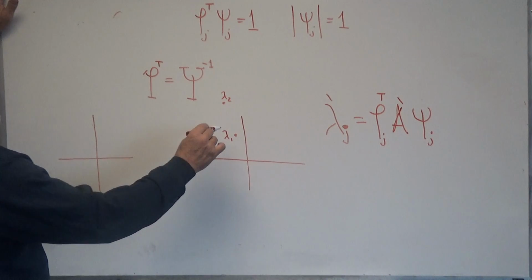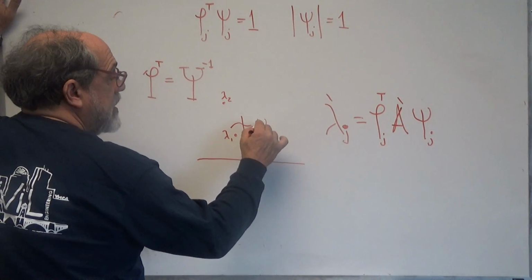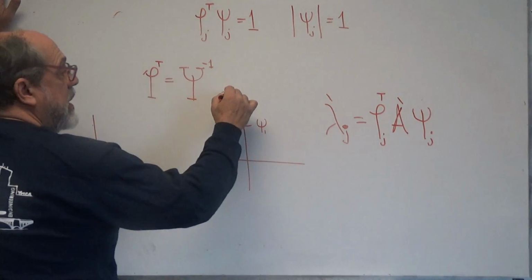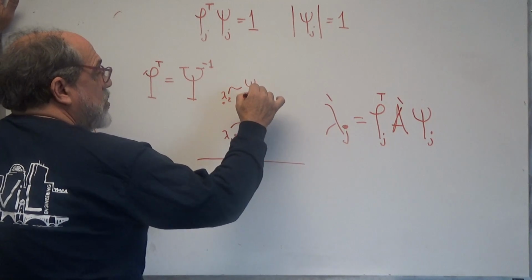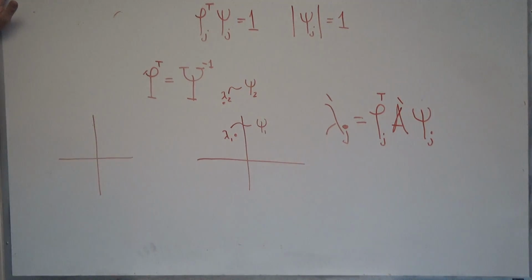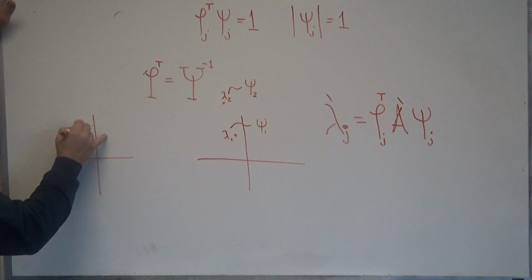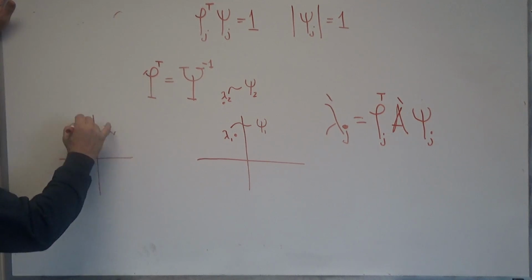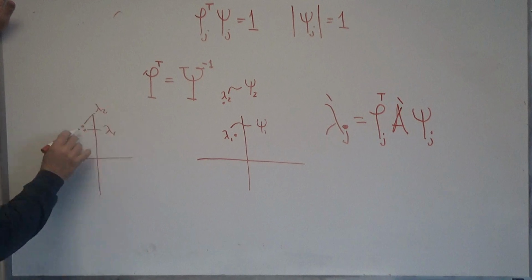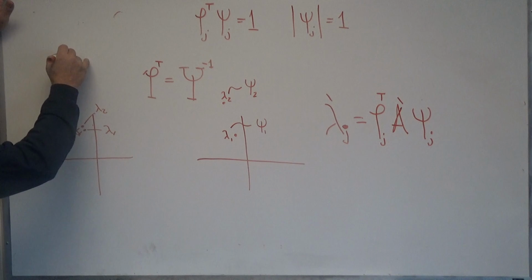That eigenvalue lambda 1, let's say it's connected with an eigenvector phi 1. This eigenvalue lambda 2 is connected with an eigenvector phi 2. Now consider this other situation, lambda 1 and lambda 2. They are close. We call this the eigenvalue gap.